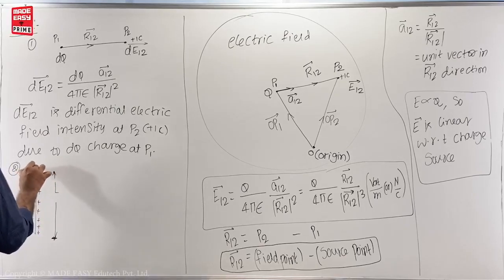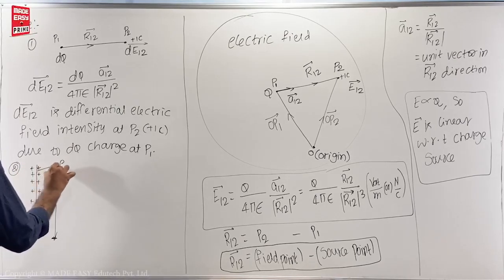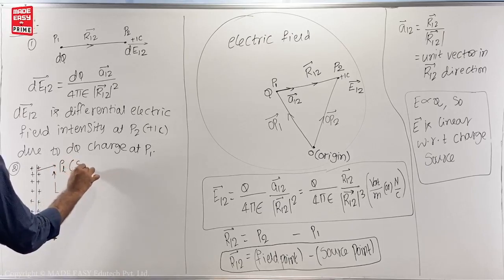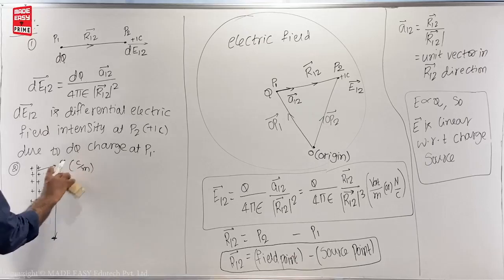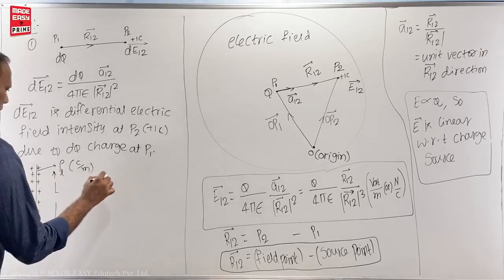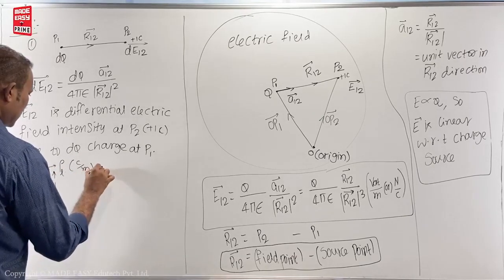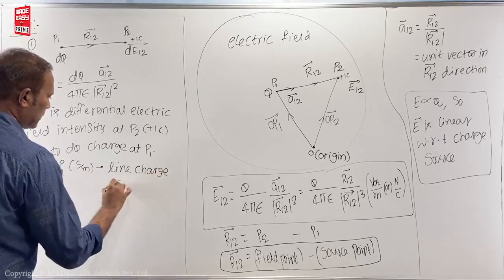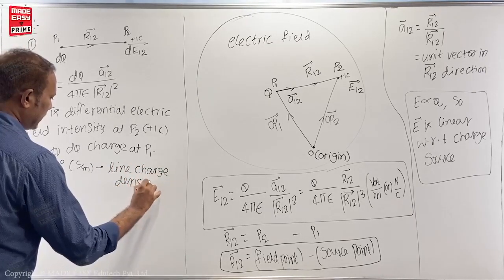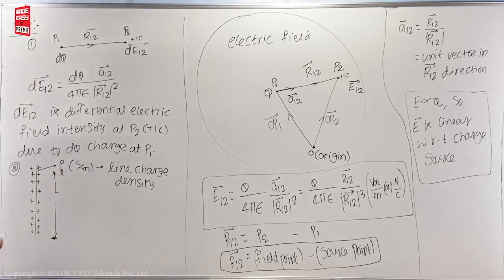So line charge density is rho L coulomb per meter. Already you know that. So here rho L is line charge density.